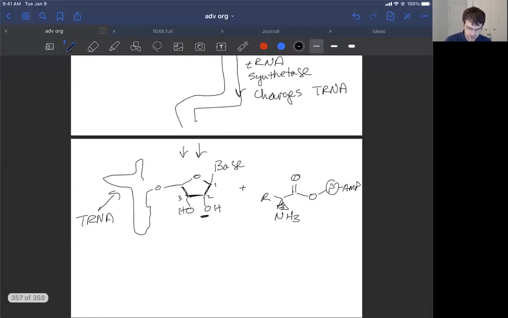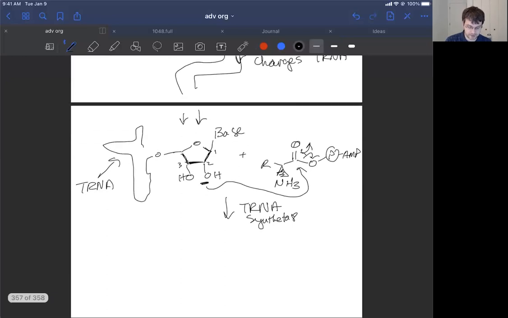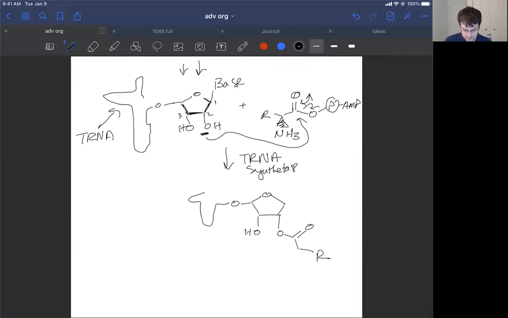The tRNA synthetase is going to catalyze a trans-esterification and we lose the acyl phosphate. The acyl phosphate's highly activated, and then our tRNA, which looks terrible again, sorry, at one of the oxygens is going to have our amino acid.